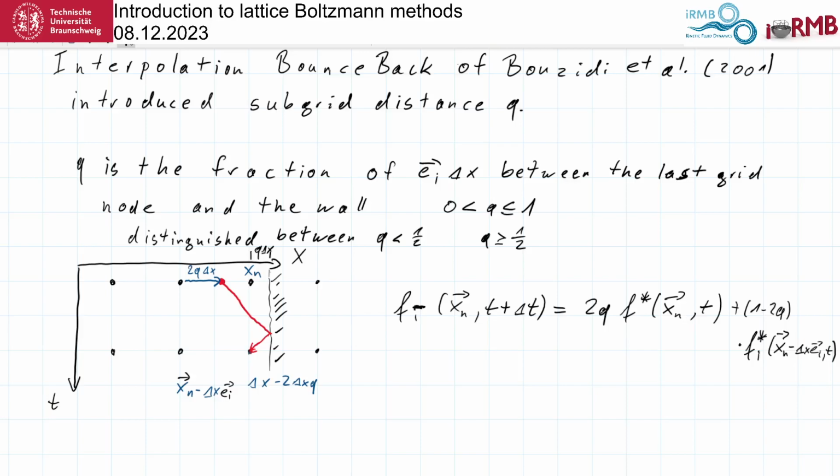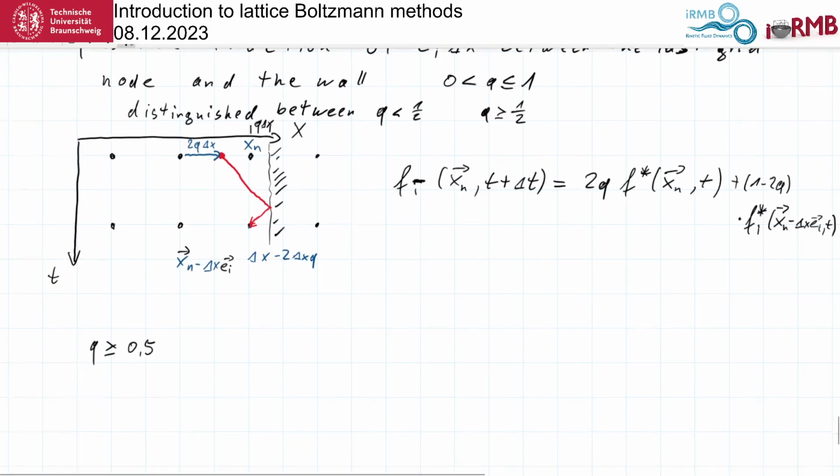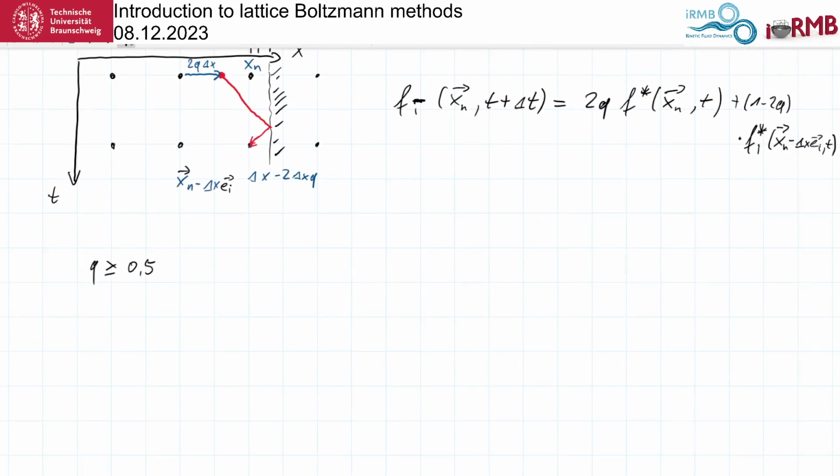Okay, so this is one case, and the other case is that q is larger or equal to 0.5. Then we have to do this differently, which means we draw a new diagram.